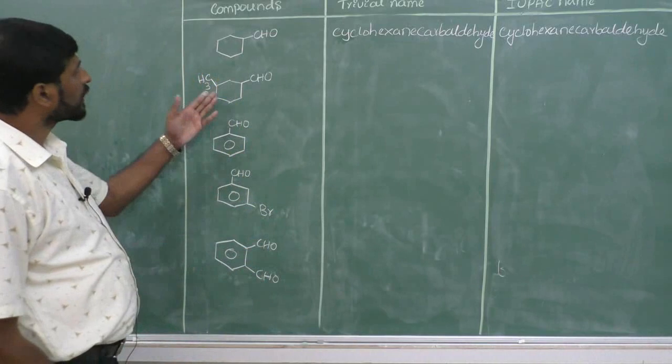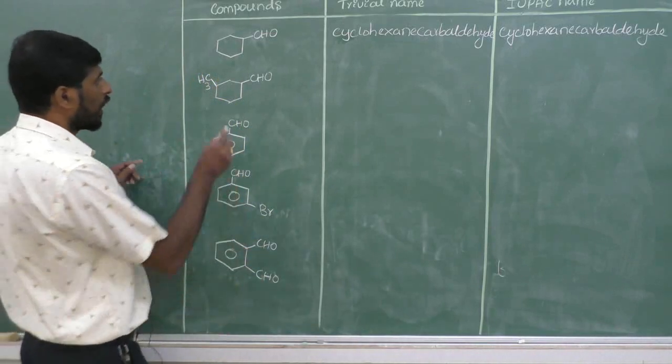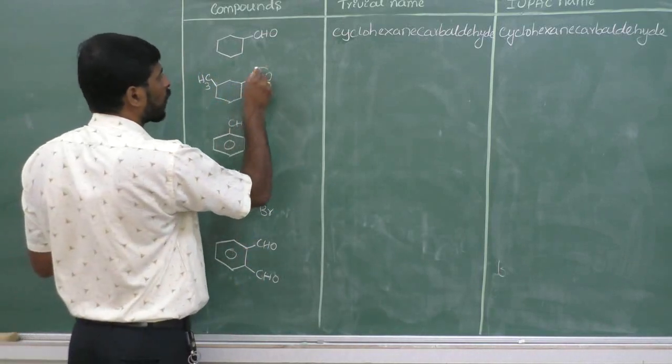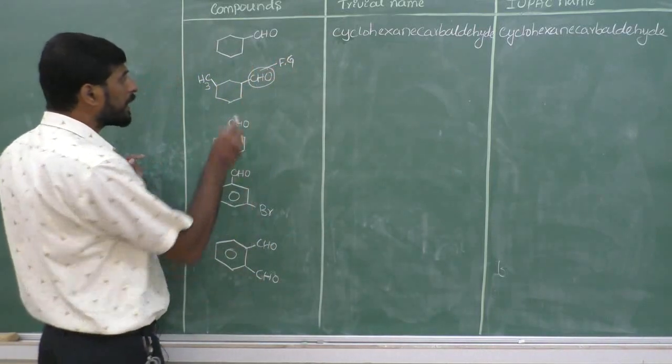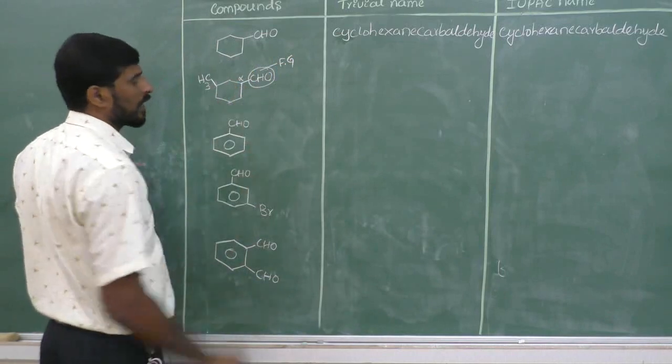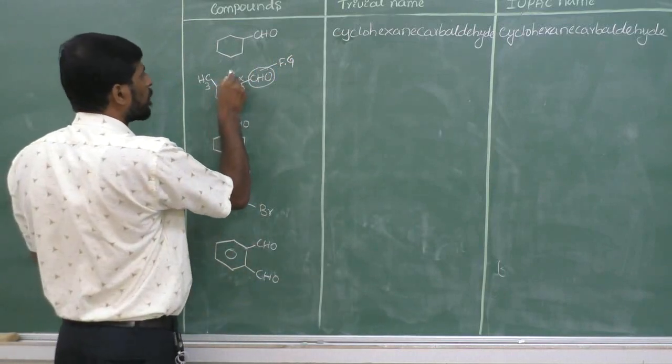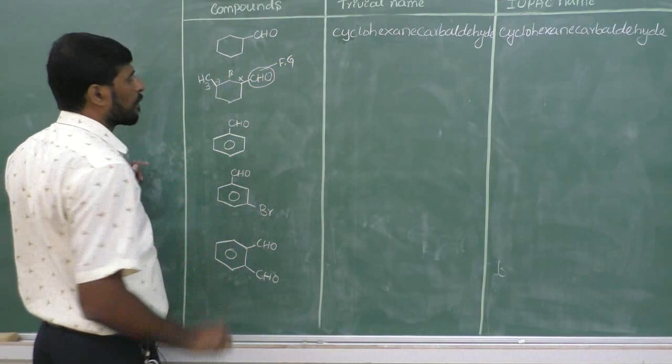Now, what is the name of this compound? This is the functional group. The very next carbon atom from the functional group is alpha, this is beta, this is gamma.